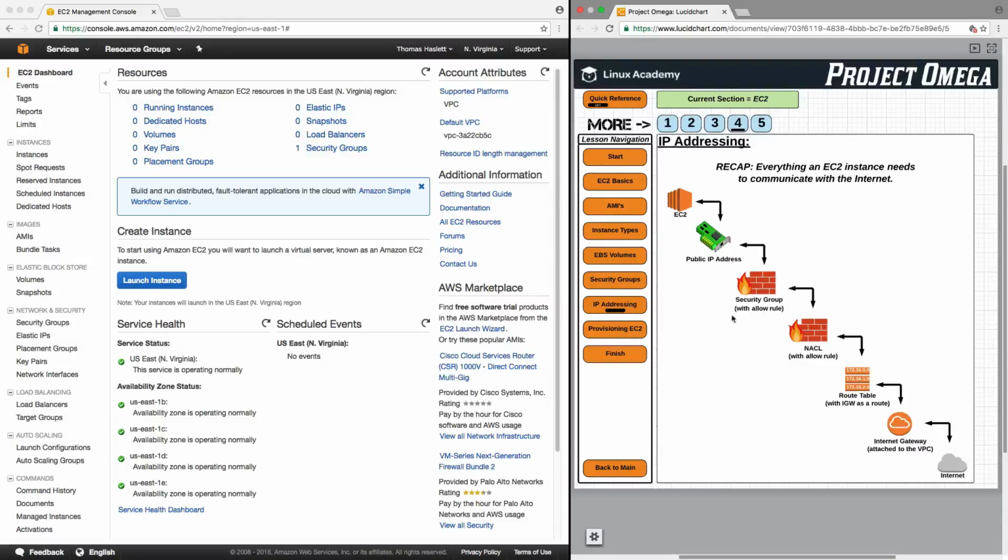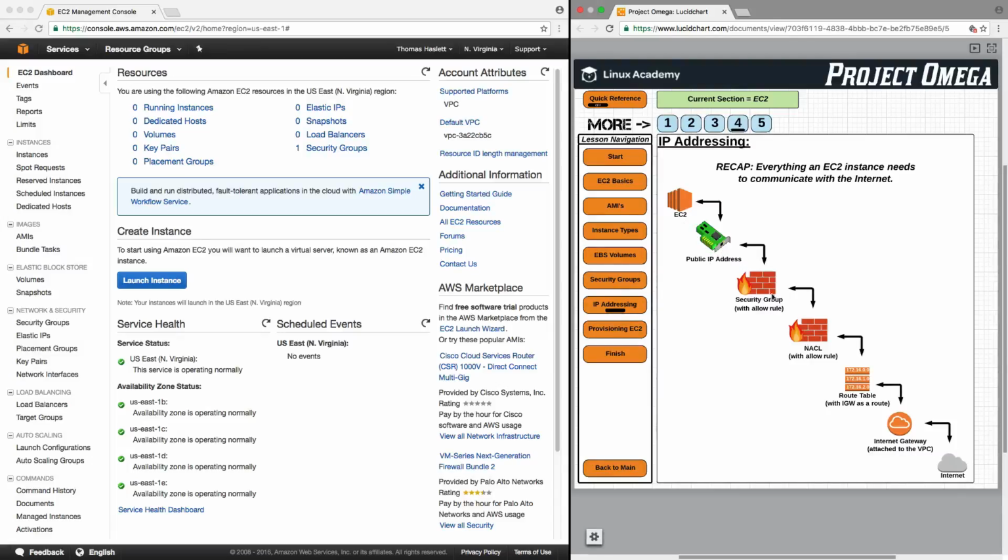Then security groups on the instance have to have rules that allow the traffic in and out. Then at the network access control list level, again, you need rules that allow traffic in and out. The instance needs to be associated with a route table. That route table needs to be associated with an internet gateway. Then the data or information can reach the internet or vice versa coming in.